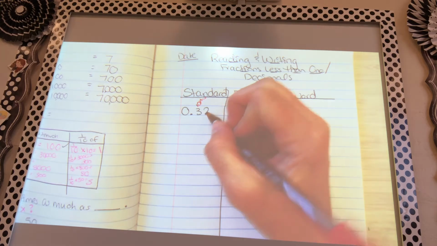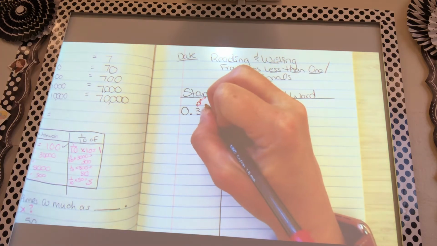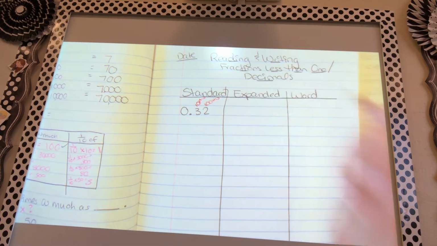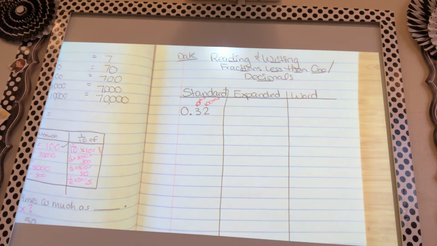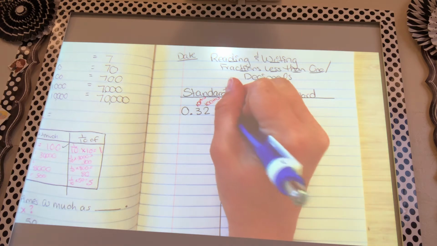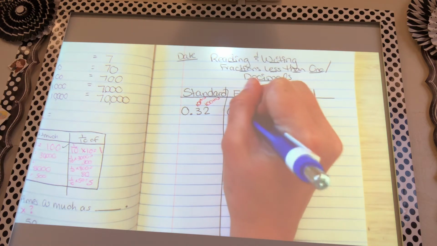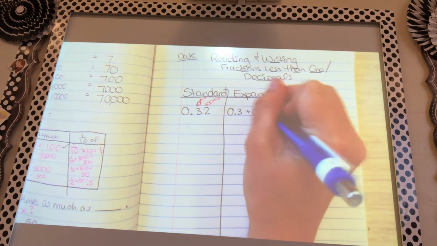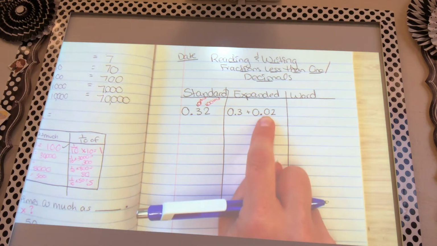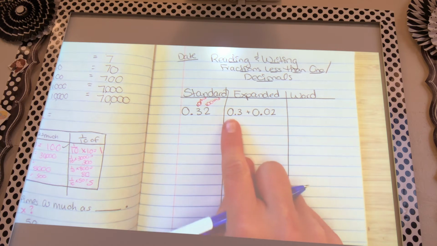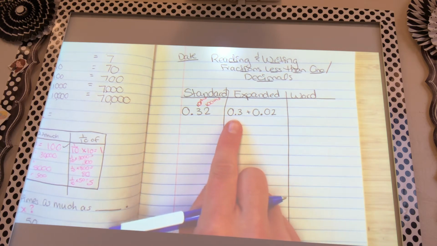So the 2-digit is in the hundredths place value. So when I write this out, I need to make sure that I can separate it as 3/10 plus 2/100. So notice that the 2 has a 0 in front of it. That's because I separated it, expanded it out into the place value.